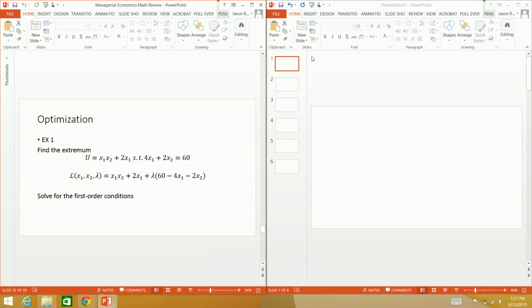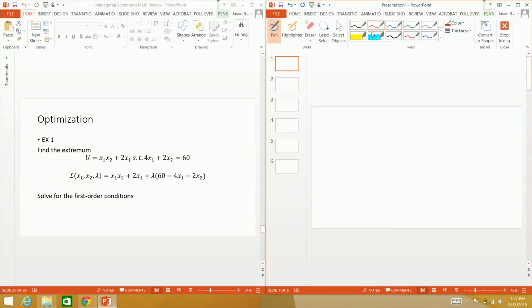This Lagrangian function is going to be equal to, we always put our old function first, what we're trying to maximize, so x1 times x2 plus 2x1, and then we're going to add to that lambda times our constraint, and our constraint here was set equal to 0.